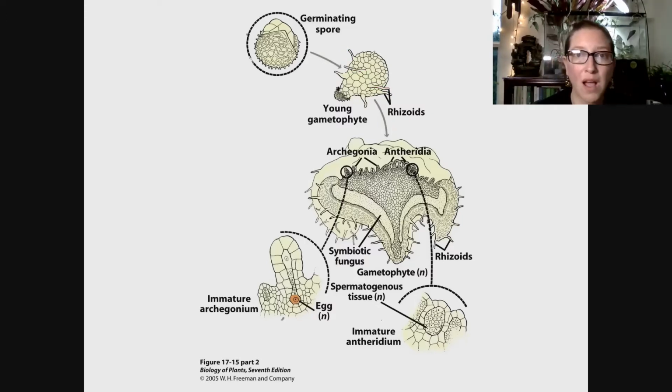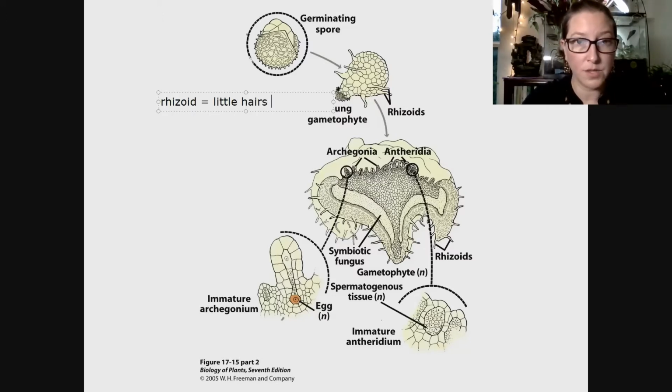Don't get confused with rhizoids and rhizomes, just because they start with the same 3 letters. Rhizoid is little hairs that emerge from the gametophyte and anchor it to soil.